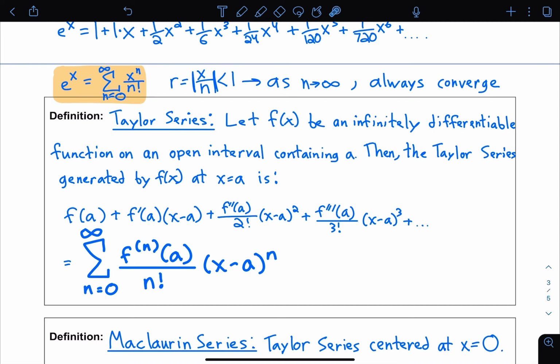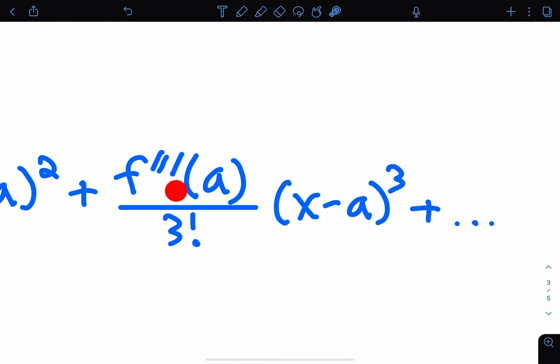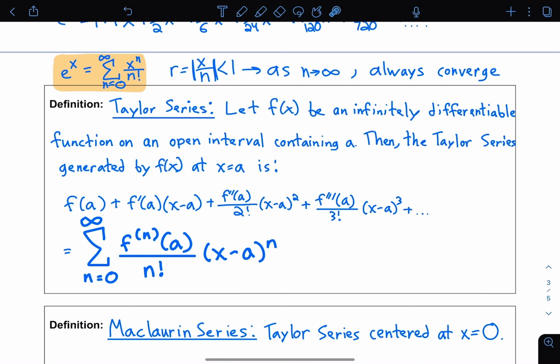Now could I do this for something like f of x equals x squared? Is x squared infinitely differentiable? Yes, but eventually all your derivatives become 0, and the rest of the terms drop out. So doing something like this for a polynomial isn't really worthwhile.